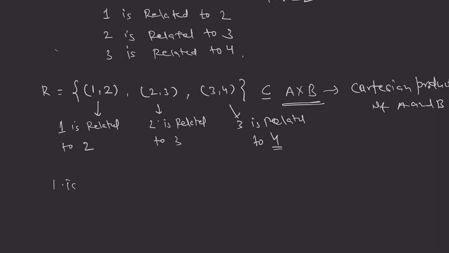That 1 is related to 2, similarly 2 is related to 3 and 3 is related to 4. But I don't know what the relation is. I only know that 1 is related to 2, 2 is related to 3, 3 is related to 4. So I can define a relation from a set which contains ordered pairs.